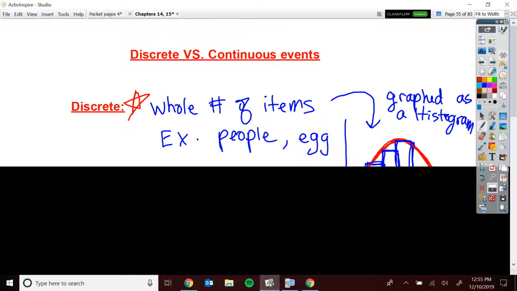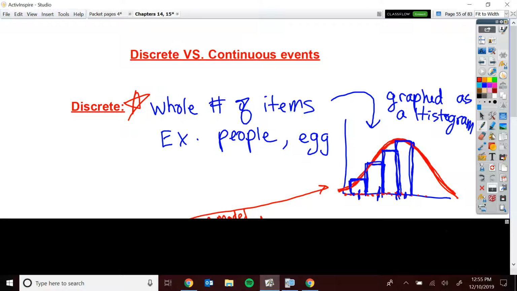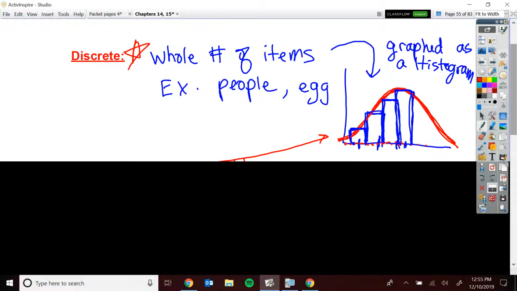And so when you have whole number items, a graph of that data would look like this, where you have a histogram, because you have one item, and so the probability of 1. You have 2 items, so the probability of 2.